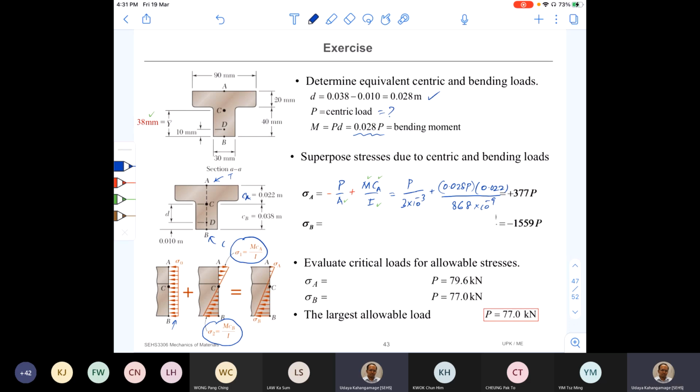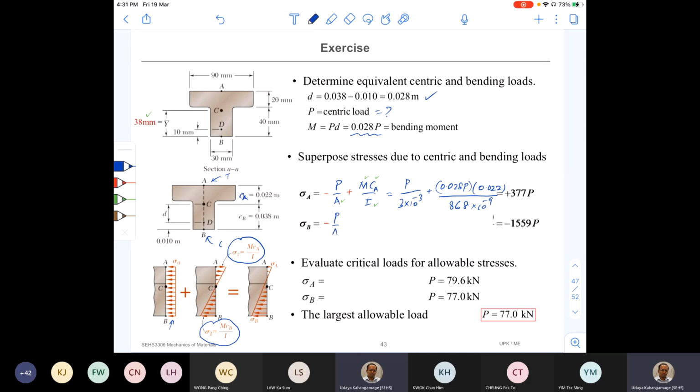And the bottom surface, sigma B, and here you can see, still negative stress at the bottom from the axial force. So it is P over A. And from the bending moment, there is going to be compressive stress there. Therefore, negative M C B over I. Okay. And again, oh, here I missed this negative sign, right? So put the negative sign.